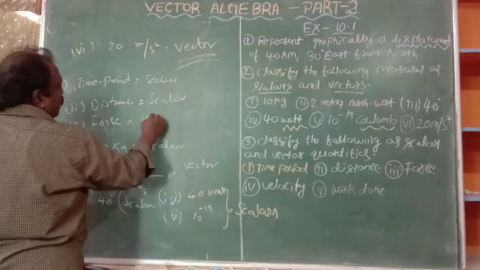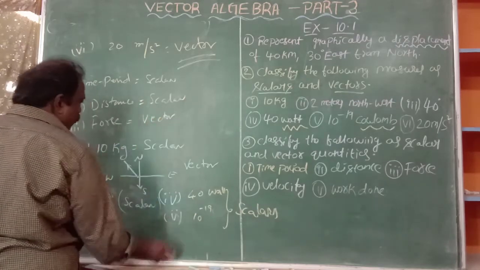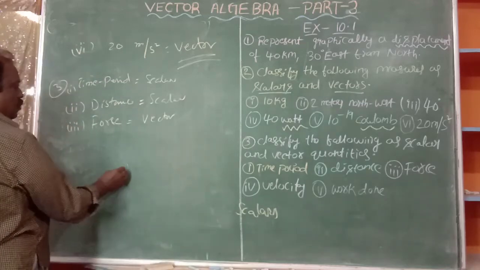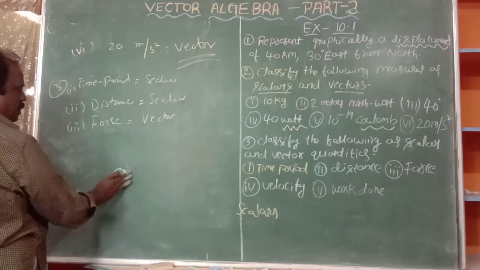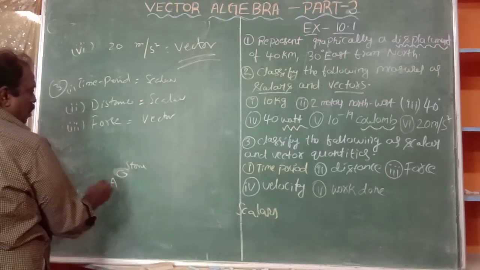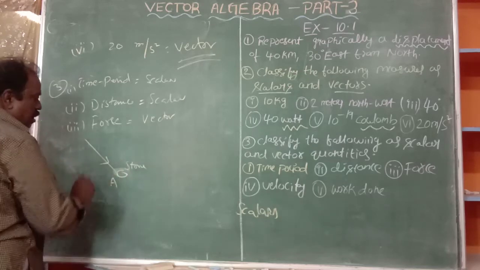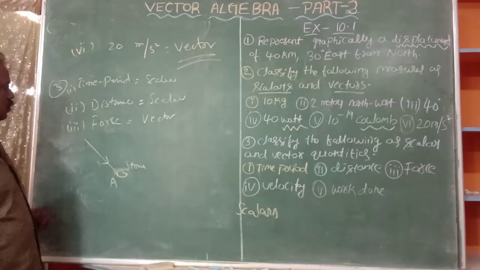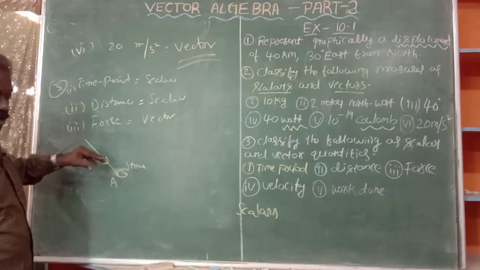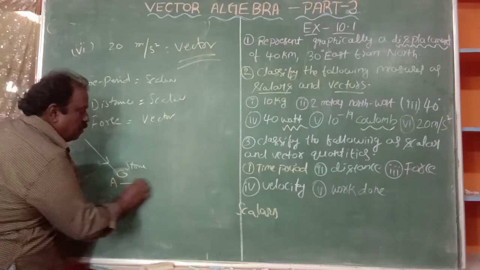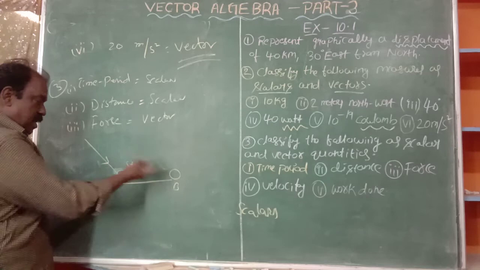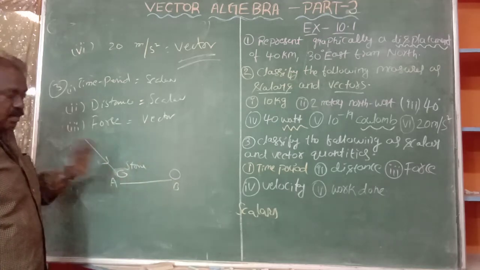Force is a vector. How? Suppose at a point a stone is there. With the help of a rod or a stick, we use some force to lift or displace the stone from A to B. The same stone is moved from one place to another place.